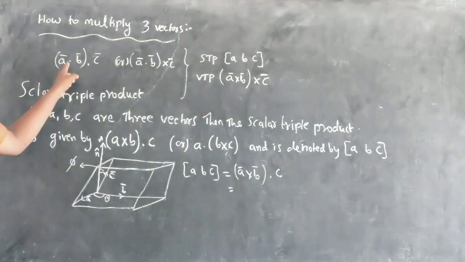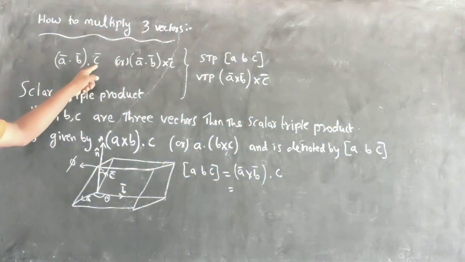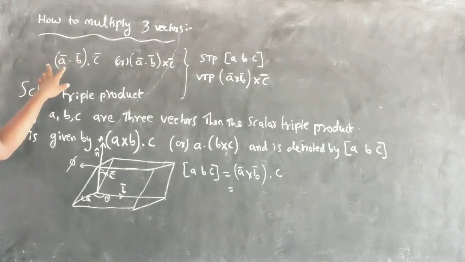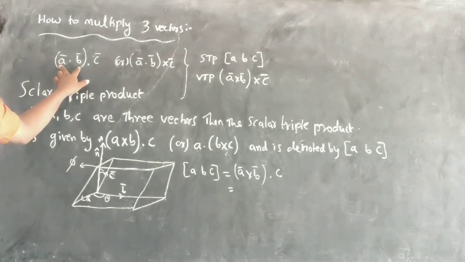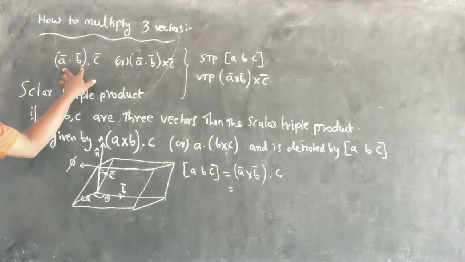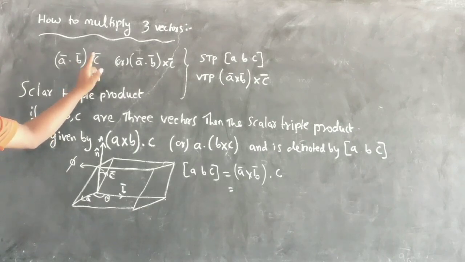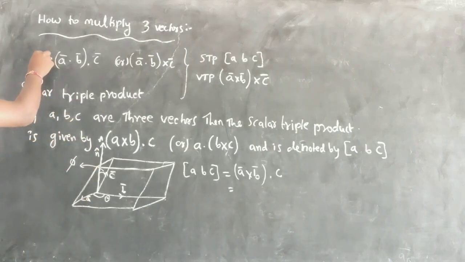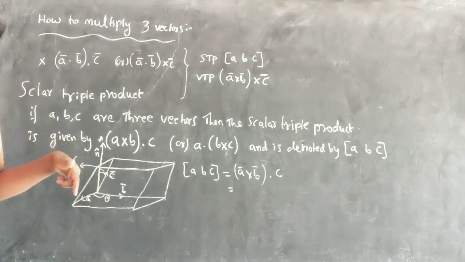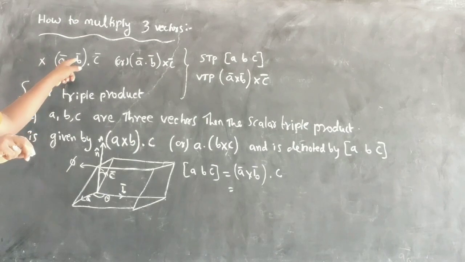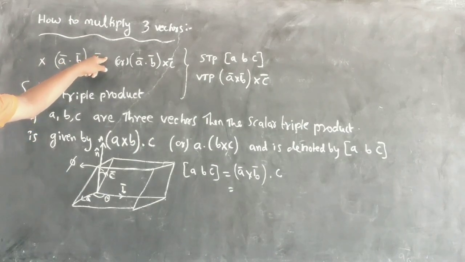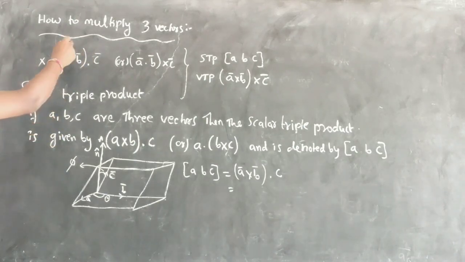So if I use A dot B dot C, what am I going to get? When I use A dot B, I get a scalar, which is not a vector. A number cannot be dotted with a vector, so this will not exist.